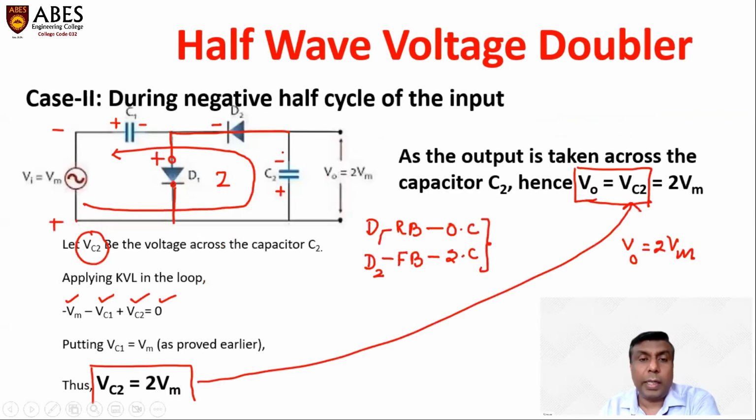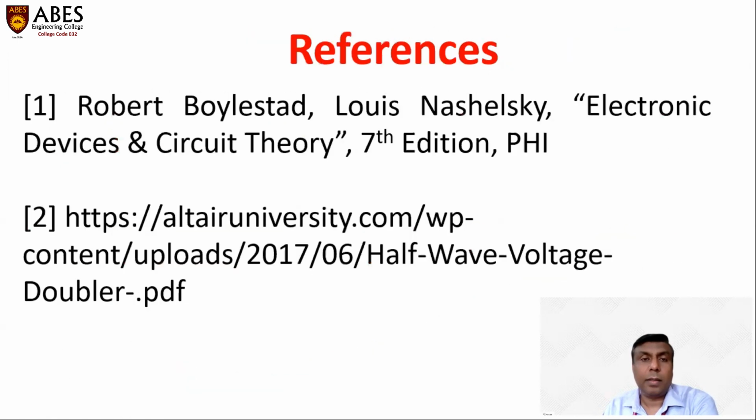We are calculating V0 across capacitor C2, and the voltage across C2 is twice Vm. So we are getting twice the input voltage during the negative half cycle, which is the half portion of the complete input cycle. Therefore, this is a half-wave voltage doubler. So this is all about the working of the half-wave voltage doubler.